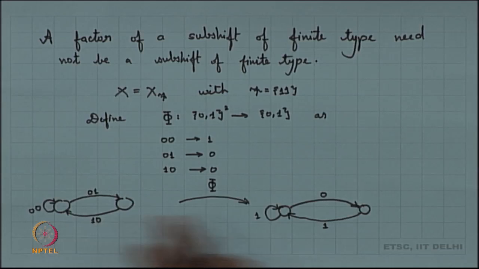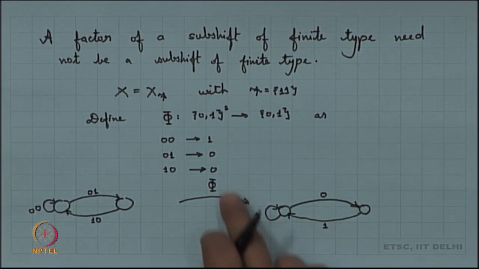So, if we try to recall this factor, then we see that if I take a bi-infinite walk on this particular graph, that is also going to generate a subshift.